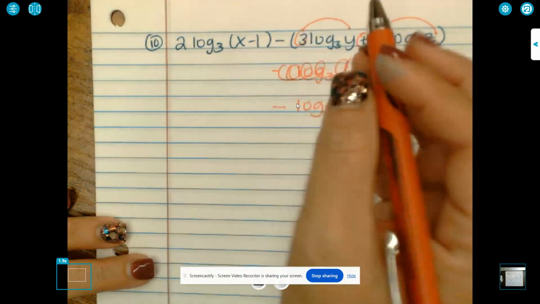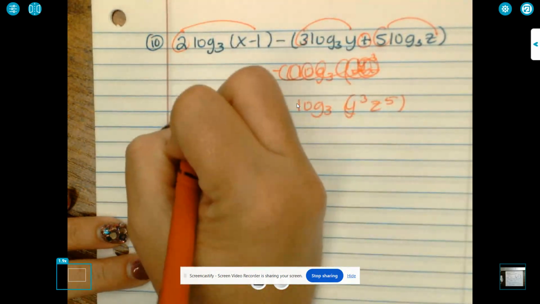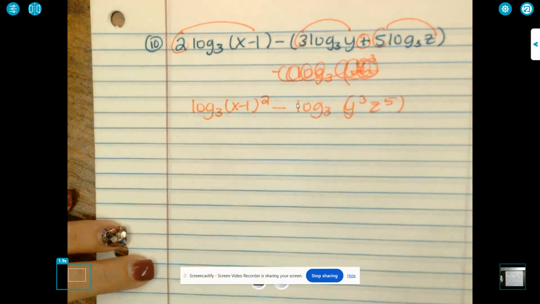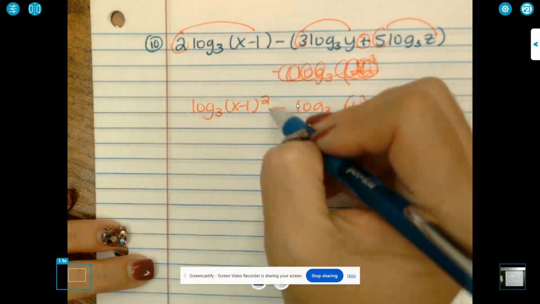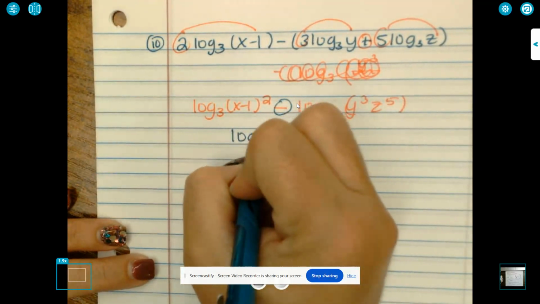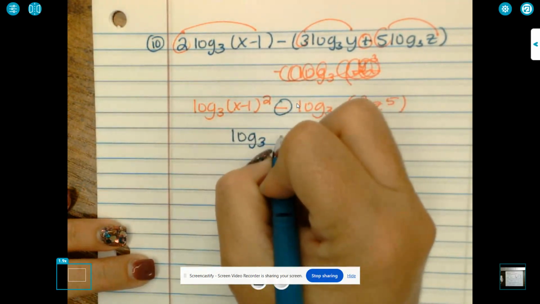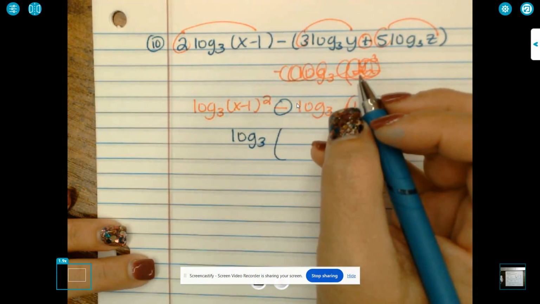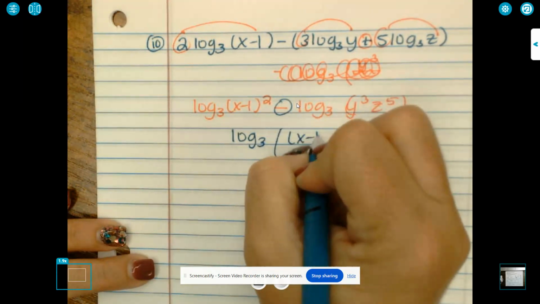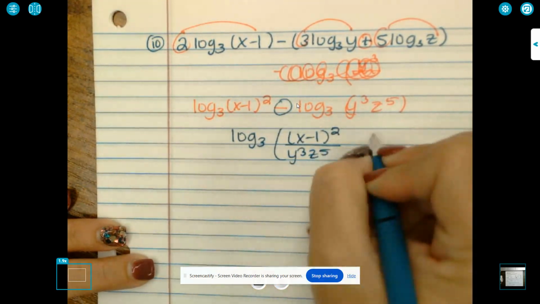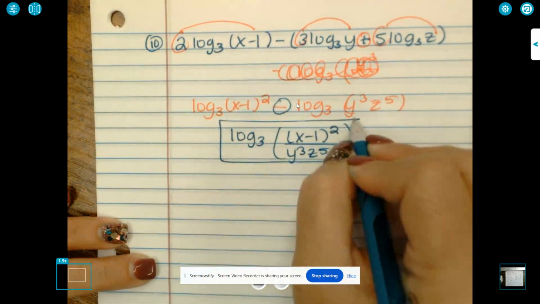All right, this right here can come up, so now I've got log 3x minus 1 quantity squared. All right, so now the only thing we have is the subtraction sign, which means division. So our final answer here will be log base 3 of x minus 1 quantity squared on top and y cubed z to the 5th on bottom.